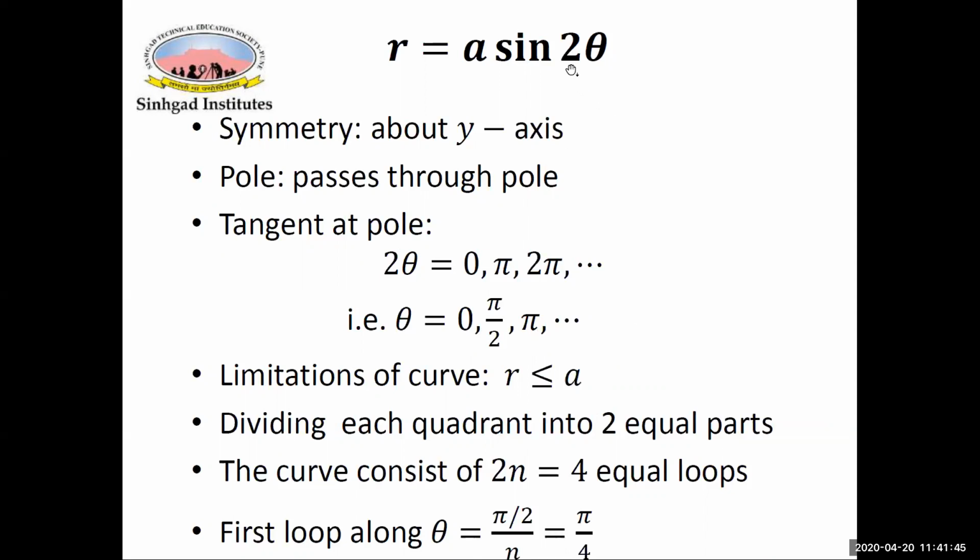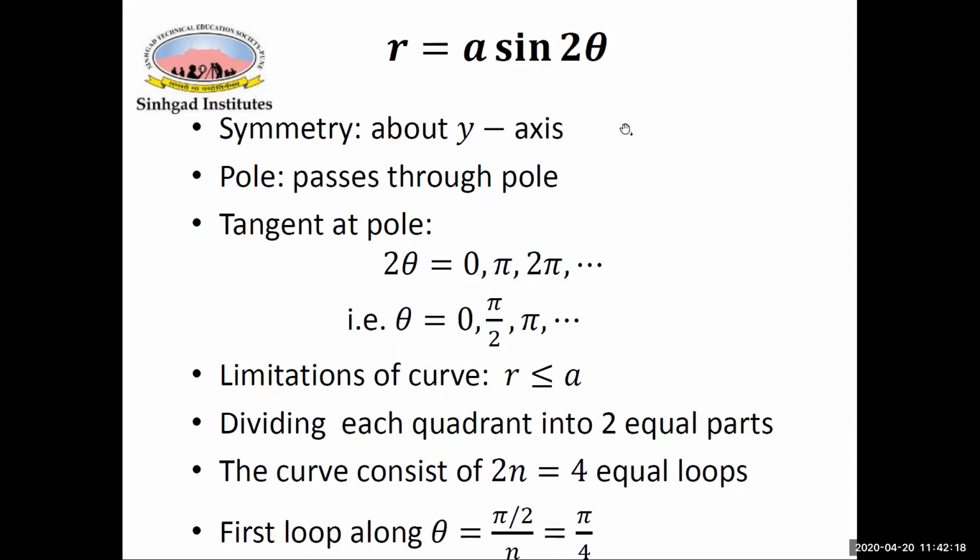Now since n is equal to 2, you have to divide each quadrant into 2 equal parts. Your curve will have 2n loops because n is even, so it will have 4 loops. Your first loop will be along the line theta is equal to pi by 2n, that is pi by 4, since the curve is sine.